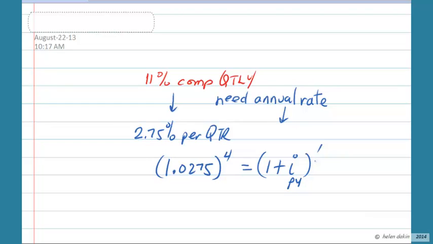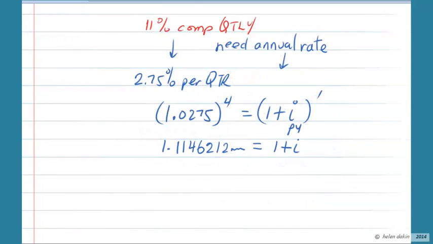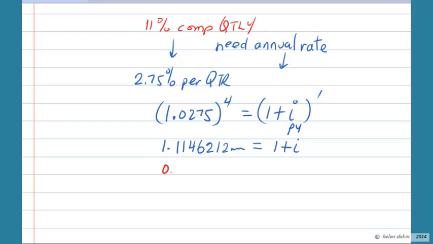So using your calculators, 1 plus 2.75% compounded 4 times will give you a value of 1.11461212, and so on. Leave the entire number on your calculator display, and that's going to equal 1 plus I to the exponent 1, or just 1 plus I. Now we're going to subtract 1, and we end up with 0.11462, and so on, which is equal to the interest rate per year.